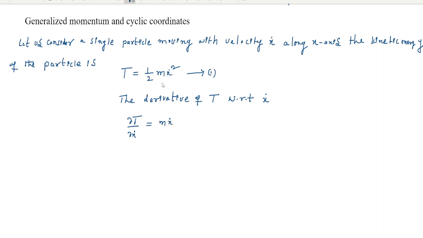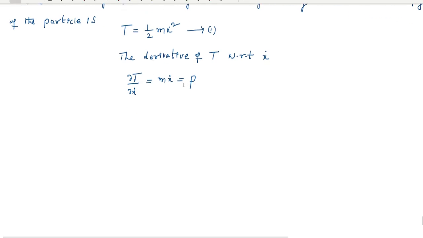The 2 gets cancelled, remaining m x dot. So this is nothing but the momentum P. It defines the momentum.